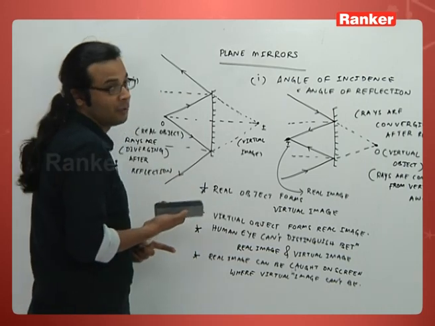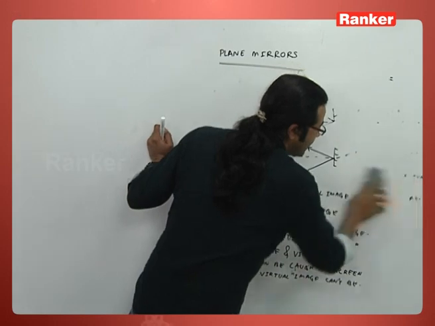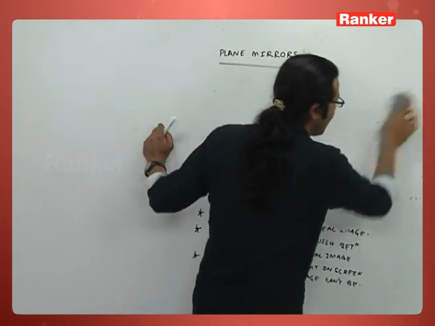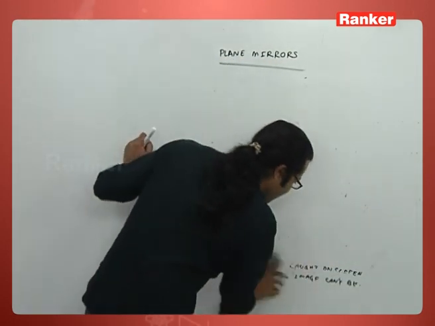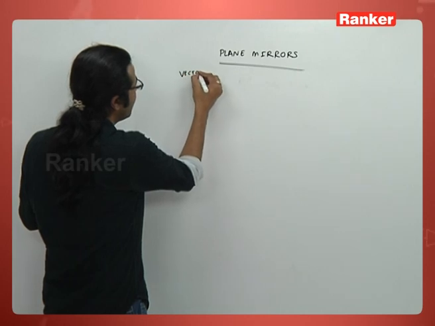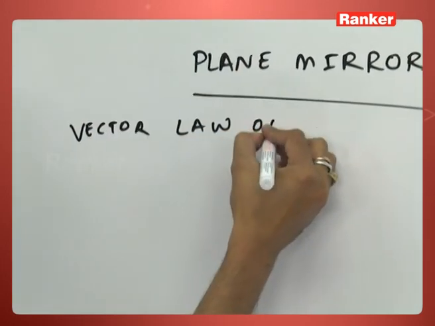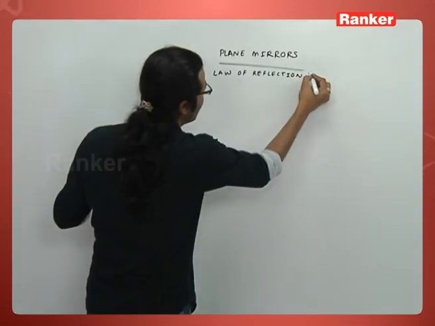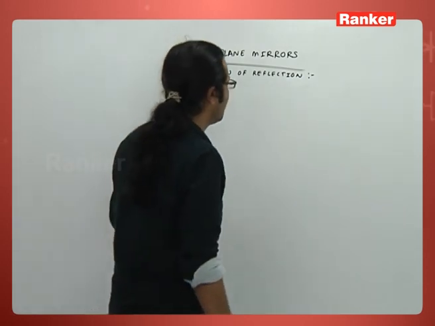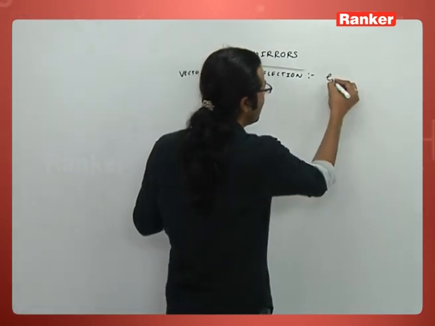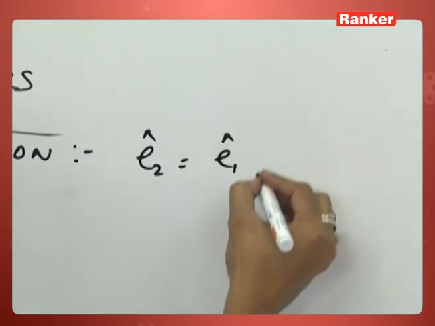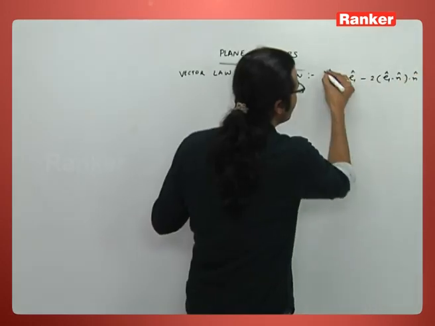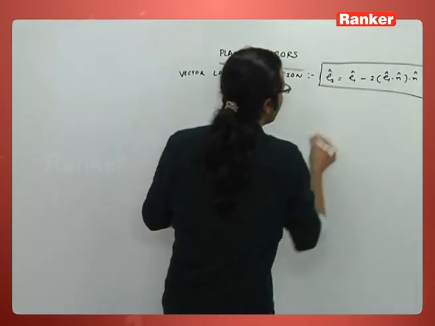Because the problems related to IIT Mains and IIT Advanced that we will discuss will be through these definitions: vector law of reflection, that is, when we said angle of incidence is equal to angle of reflection. E2 cap is equal to E1 cap minus 2 into... What is E2 cap?